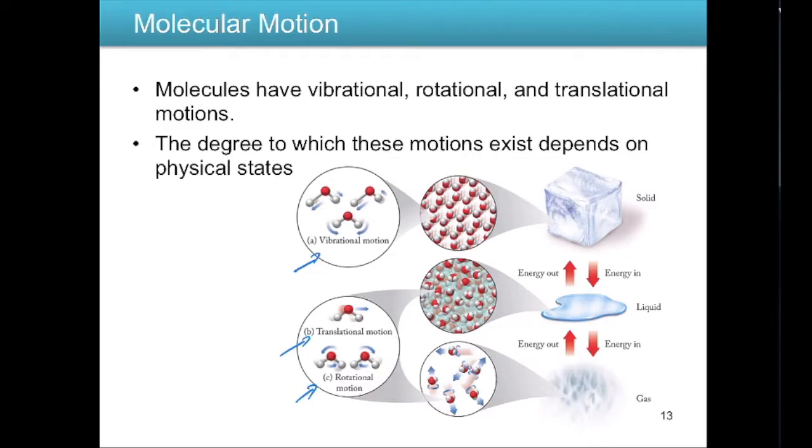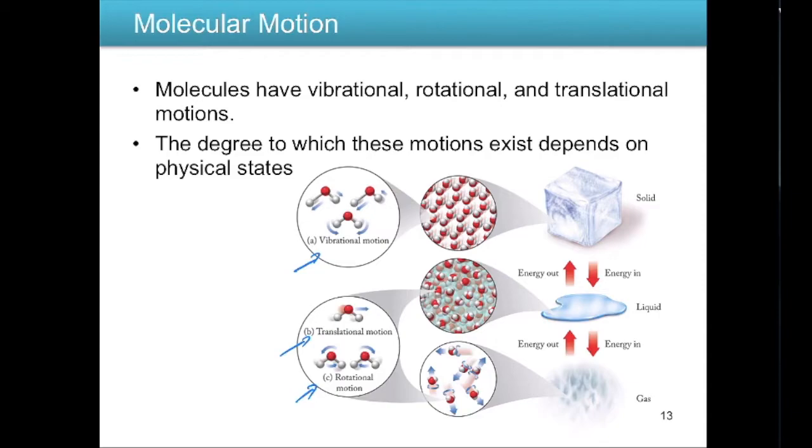So in a solid, the molecules can't move around, so they don't have any translational motion. They can't really rotate because they're kind of stuck in place with the bonds and the intermolecular forces that are being used to hold them in place.